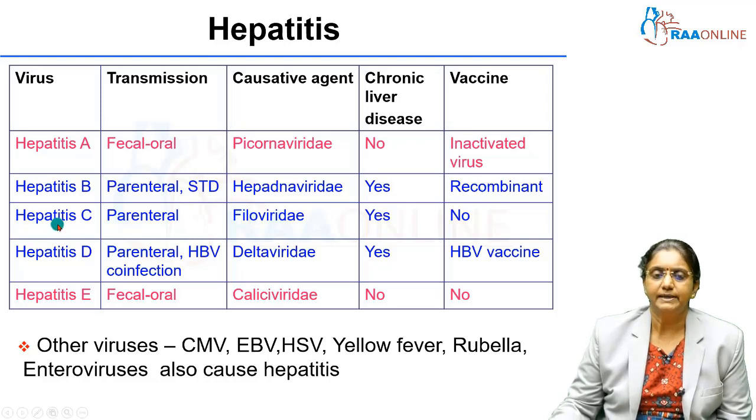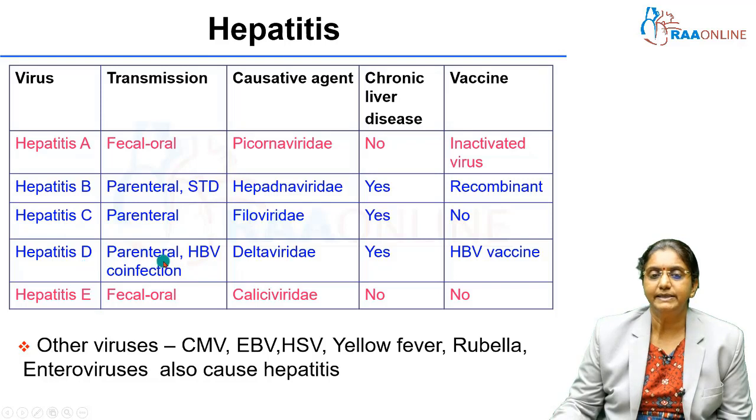Hepatitis C is the other virus, parenteral route, and it belongs to the family of flaviviruses, and this also causes chronic liver disease. And unfortunately, there is no vaccine for hepatitis C virus. Hepatitis D virus belongs to the family Delta virus, and you see all these three have a parenteral and a sexual mode of transmission.